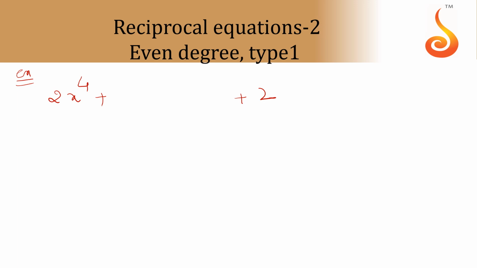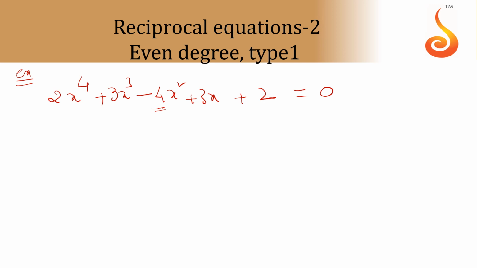X cube term, suppose let us say some 3x cube. So it should be some 3x. Then next term will be some 4x square. From that side also same position, that's why it should be equal, no? So minus 4 from this side, minus 4 from that side, that coefficient should be equal to 0. So this is even degree type 1.